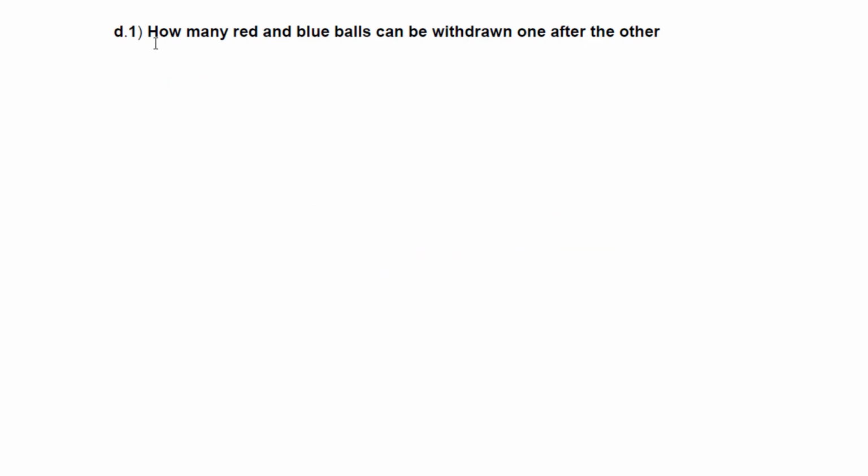And now the question is, how many red and blue objects can be withdrawn one after the other? So before we studied how many blue and red objects can be withdrawn, and now we are asking the opposite, how many red and blue can be withdrawn. So this is exactly the opposite.